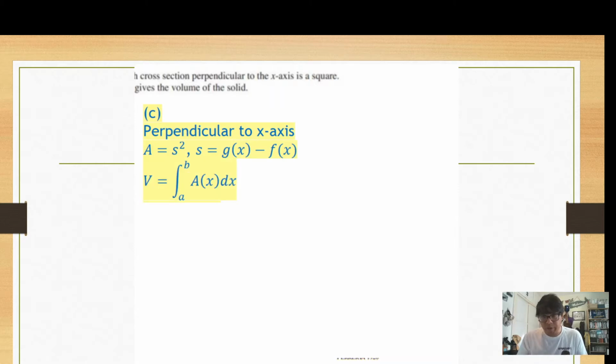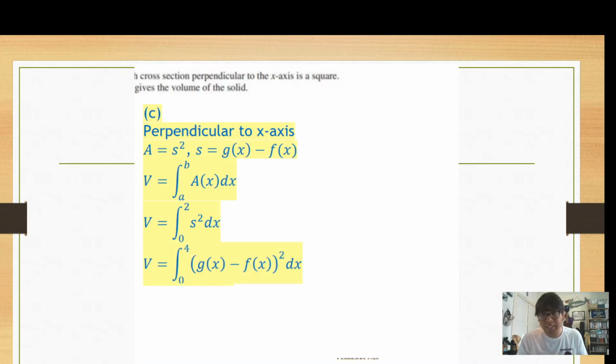Here's that general area formula that works any time we find an area by integration. But this time, the area formula is s squared. And what is s? Well, s was just g of x minus f of x. So here's our volume formula. I'm noticing over here that this upper limit should be a 2.